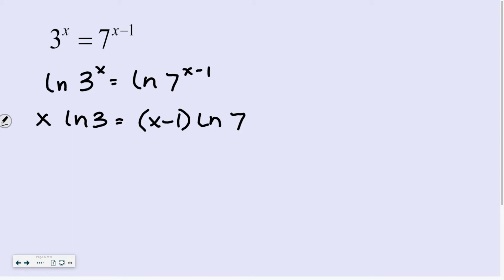So, off to the side I'm going to make an easier equation for you. I'm going to take out the natural logs. This is not the same thing, but it's like this. What if instead of x times natural log 3, it was just 3x? And what if instead of x minus 1 times the natural log of 7, it was just 7 times x minus 1?